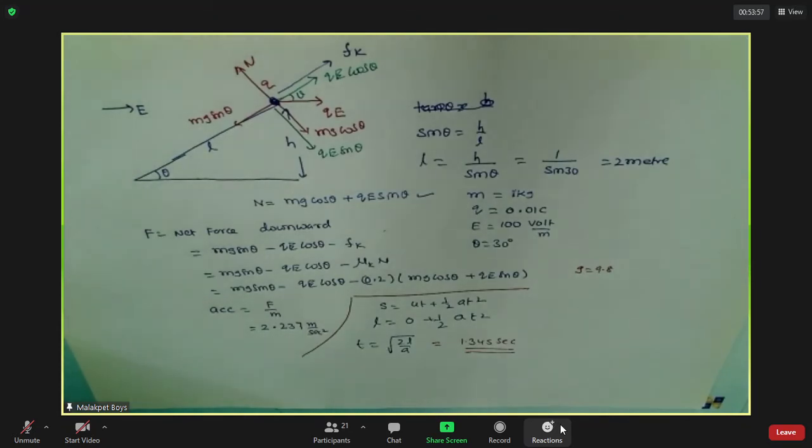Nothing related to memory. Those who memorize will be washed out in these exams. When I am doing questions, you can see many varieties we come across.